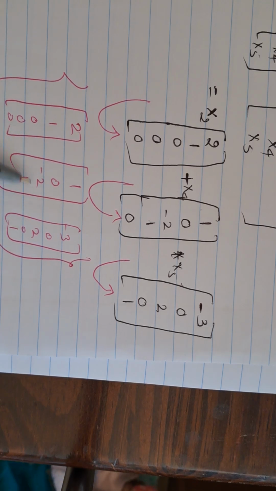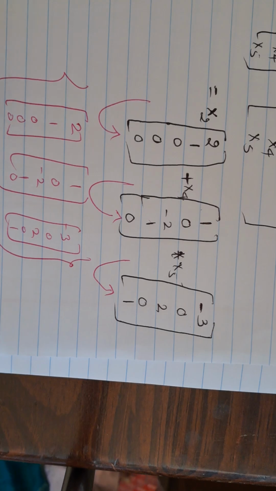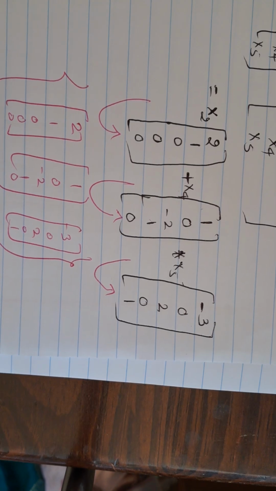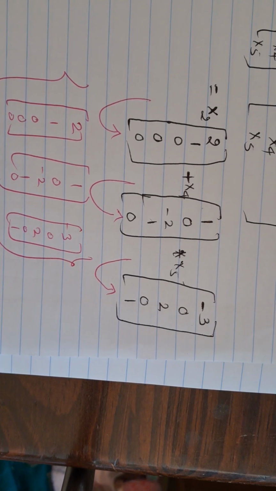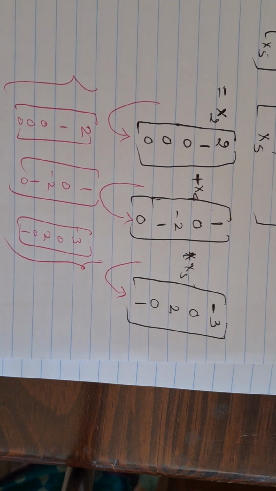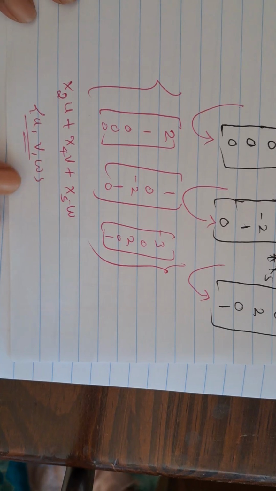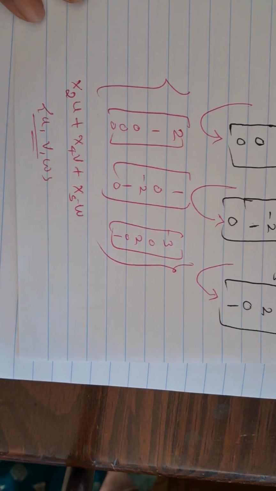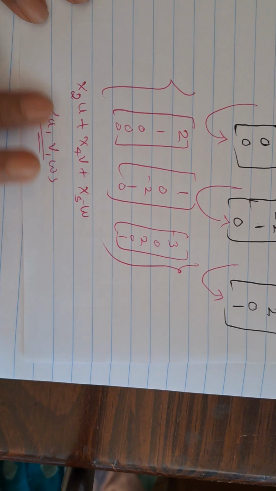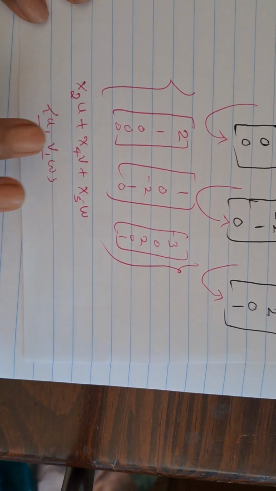Here you can write it as x2 into u plus x4 into v plus x5 into w. So u, v, w are vectors in null A. Every linear combination of u, v, w is an element of null A. So thus u, v, w is a spanning set of null A.